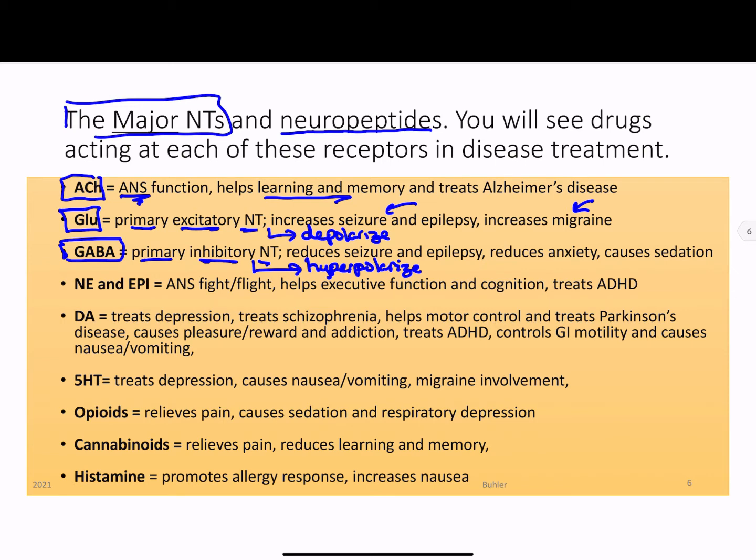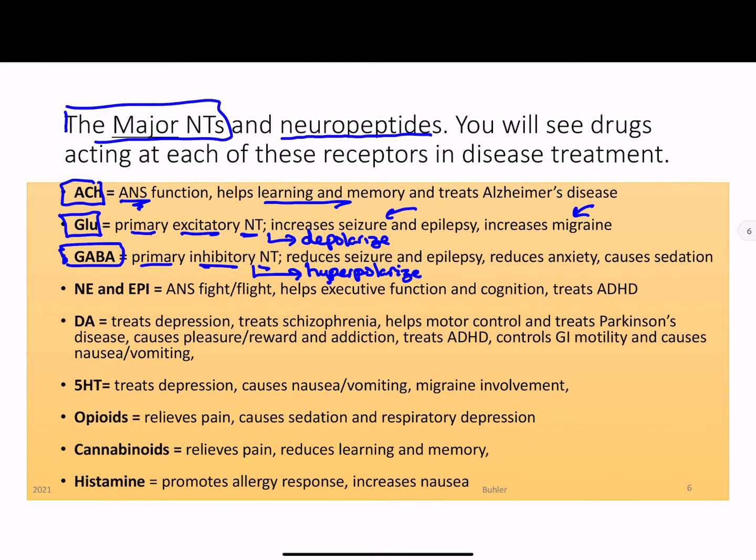On the other hand, if you're reducing general excitation, maybe you could help use agents to reduce seizure. These agents are going to reduce this overactivity. Maybe they can reduce anxiety. They could cause sedation. So when you learn what these neurotransmitters do cellularly, then some of the physiological effects and reasons that we use drugs start to fall into place.